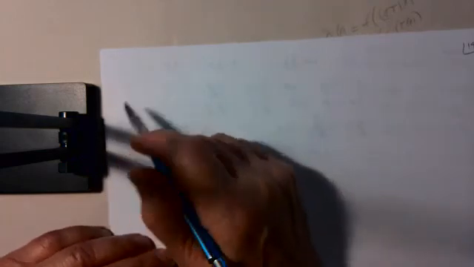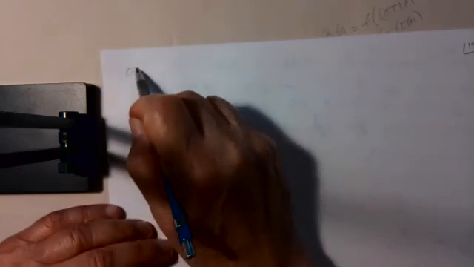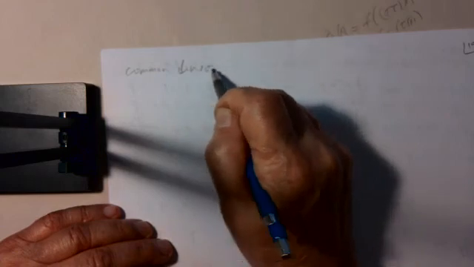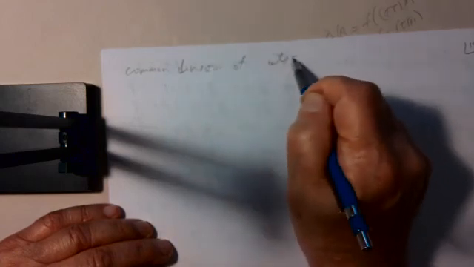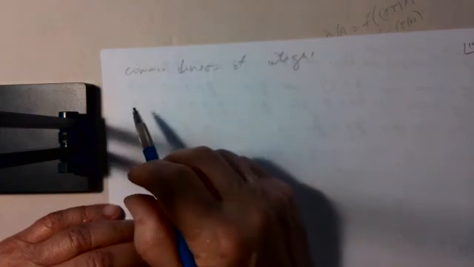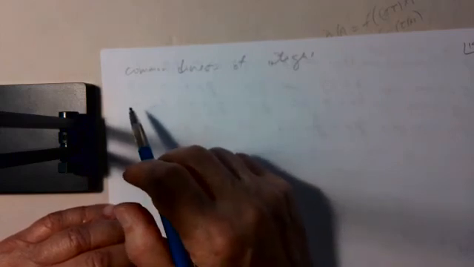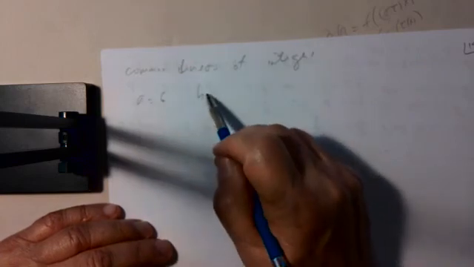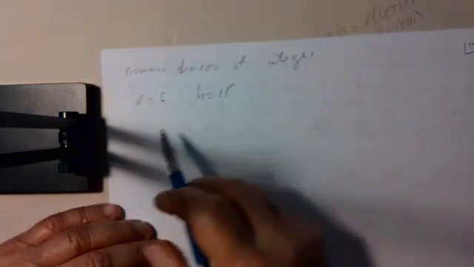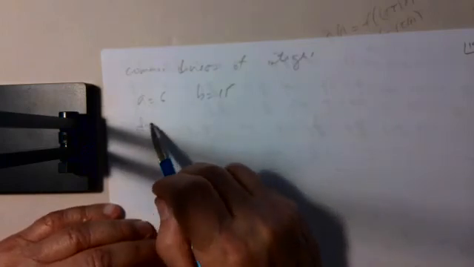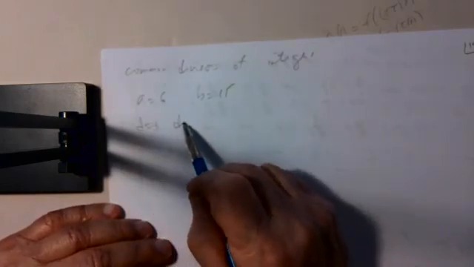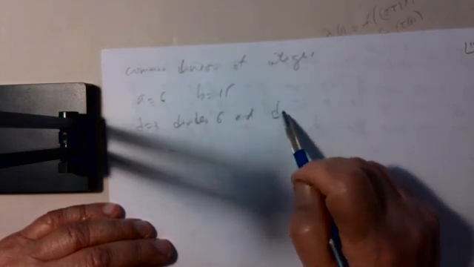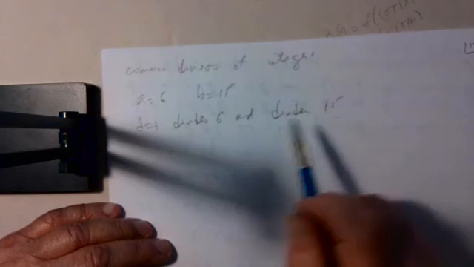So in elementary school, you probably learned about common divisors of integers. For example, if you let a equal 6 and b equal 15, if you take the number d equal 3, this divides 6, and 3 divides 15.